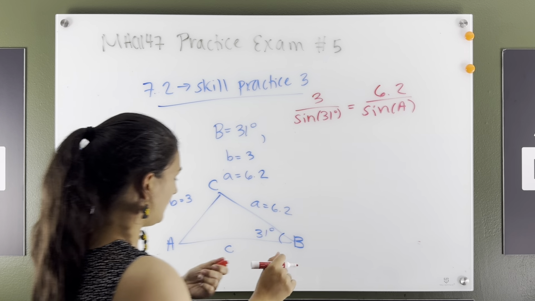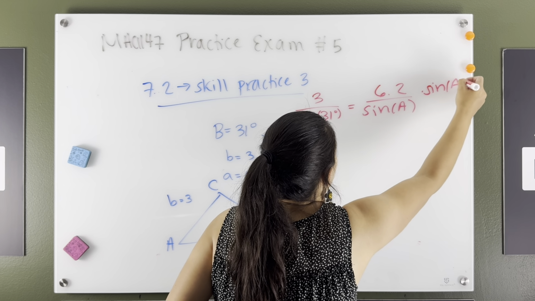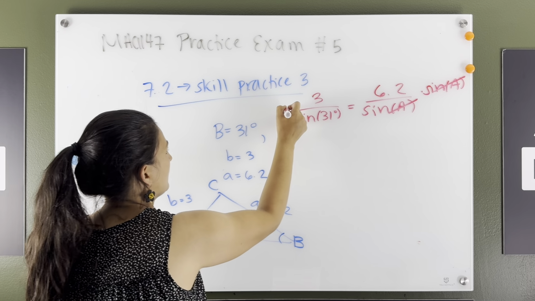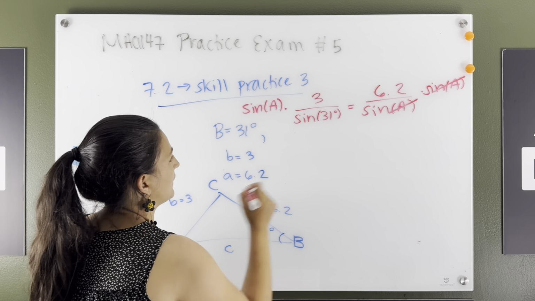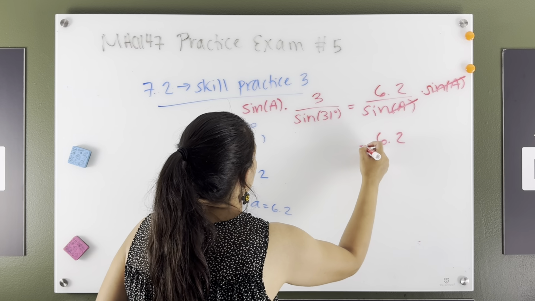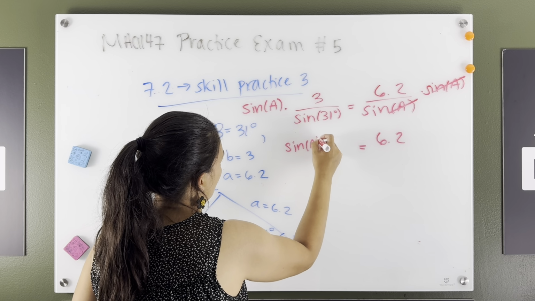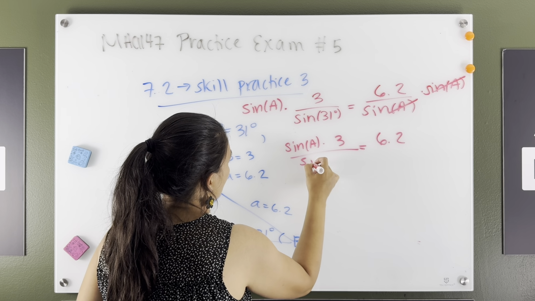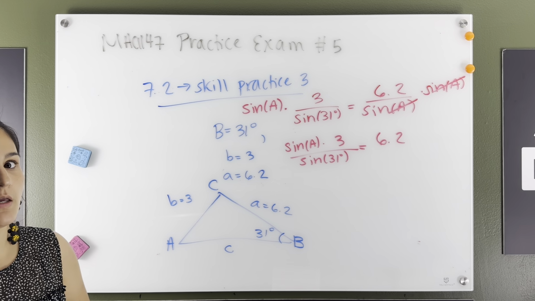Okay, so again, we're going to do the algebra. Cancel the denominator. Remember, I'm trying to get my A alone. Okay, so this gives me 6.2 equals sine of A times this. Okay, I'll pause. Remember, you're trying to solve for A, find where it is.